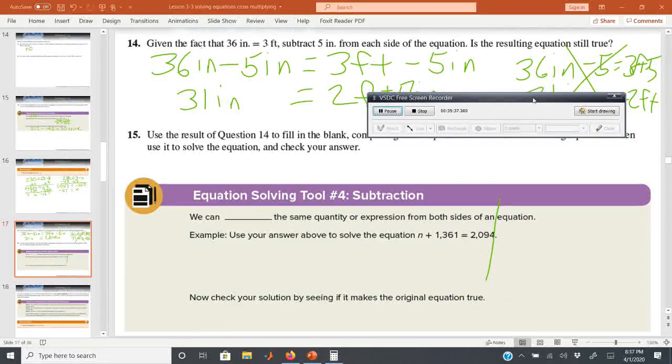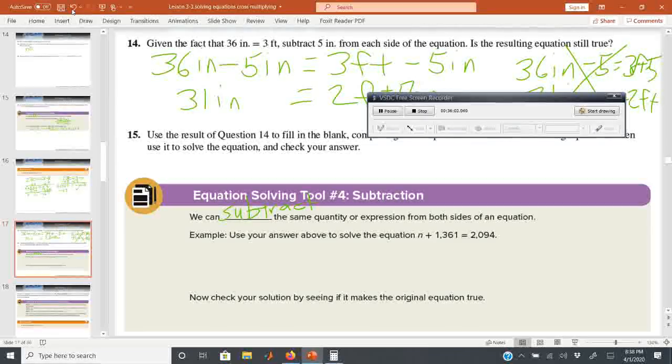So we can subtract the same quantity or expression from both sides of an equation. So use your answer above to solve the equation n plus 1,361 equals 2,094.